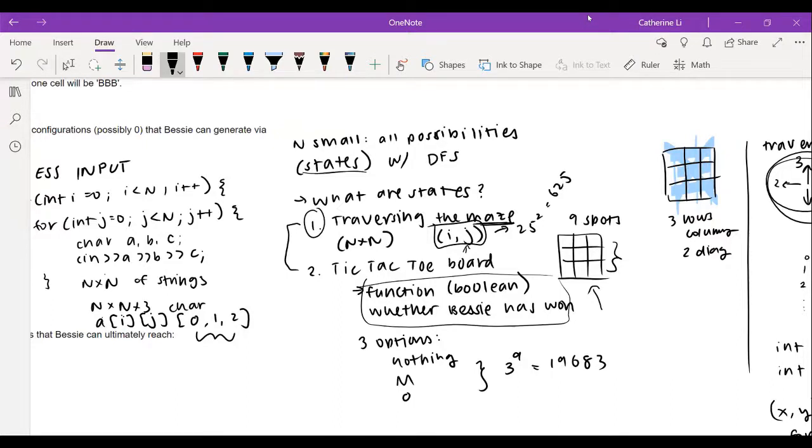And we want to make sure that our states include both where we are in the maze and what the tic-tac-toe board looks like. That's pretty much it for this problem. So I hope that helped.